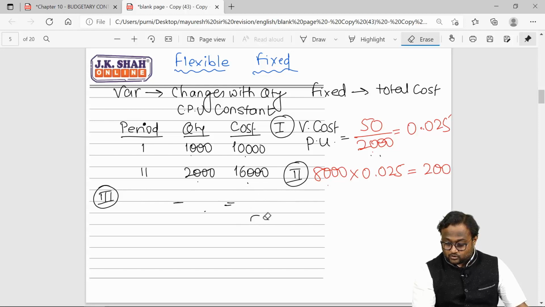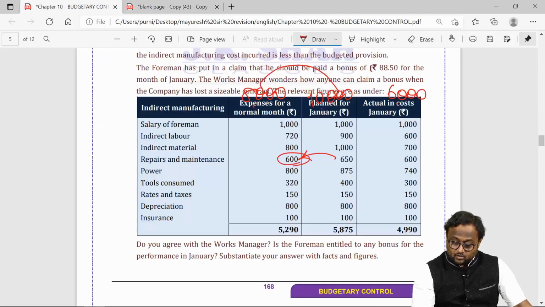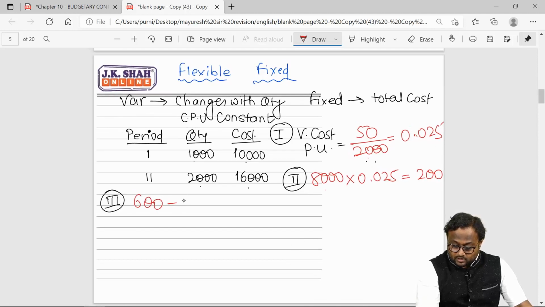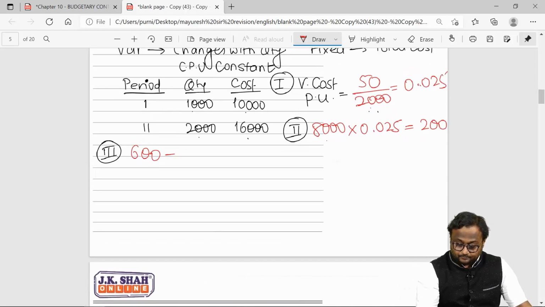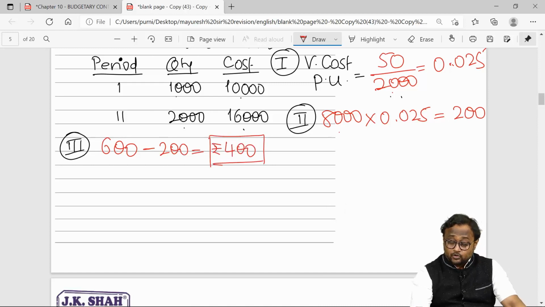Tell me how much was my total cost at 8000. Since I have considered 8000 as a base, my total cost at 8000 was 600. Out of 600, if 200 is known to be the variable portion, 400 has to be fixed. Oh, you don't trust me?